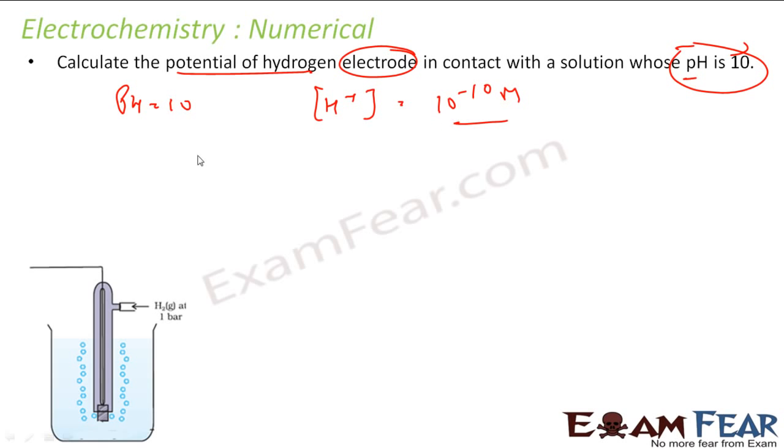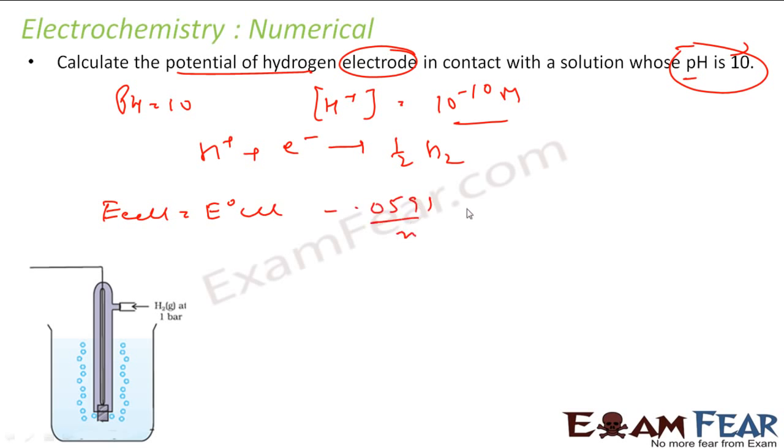The reaction we have for the hydrogen electrode is H plus, you get electron, you get hydrogen gas, right? So E cell is nothing but E naught cell minus 0.0591 by n log of Q at standard condition. Its E naught cell is 0 minus 0.0591, number of electrons transferred is 1, log of Q. What is the Q?